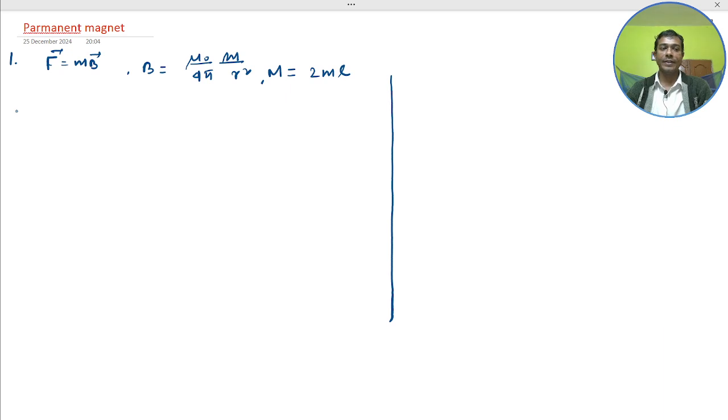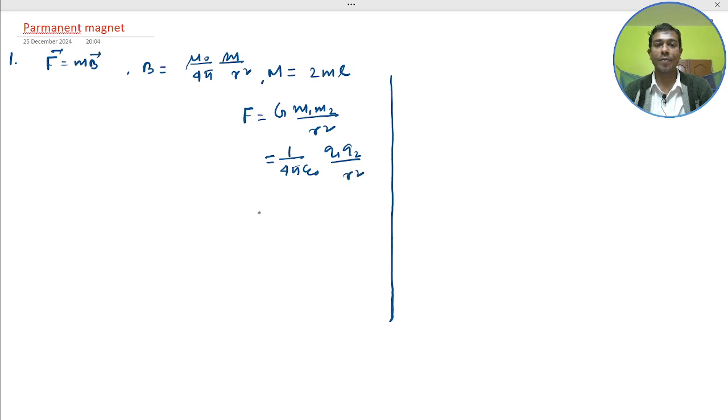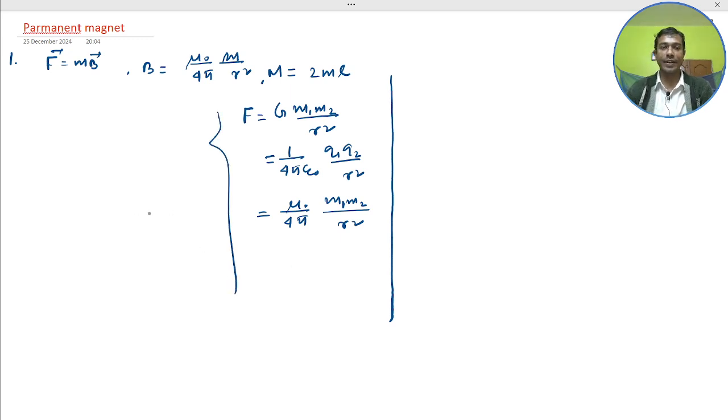Because in gravitation F equals G m1 m2 by r². For electrostatics, 1/4πε₀ · q1 q2 by r². For magnetostatics, μ₀/4π · m1 m2 by r². You just compare and study these three at a glance.